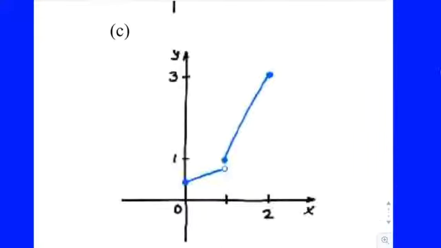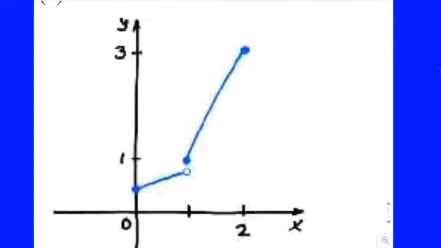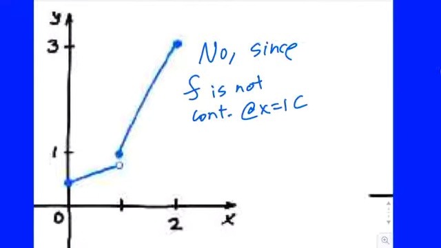Okay. Letter C. EVT apply, yes or no? I'm getting the theme here. No, since F is not continuous at x equals 1, which is relevant because that is in the closed interval from 0 to 2.